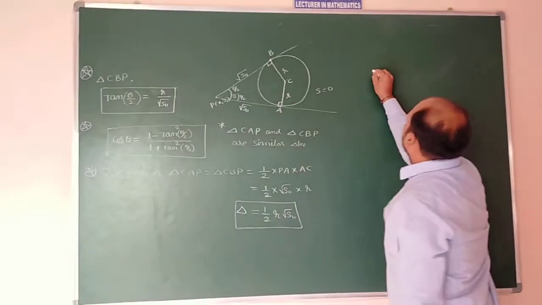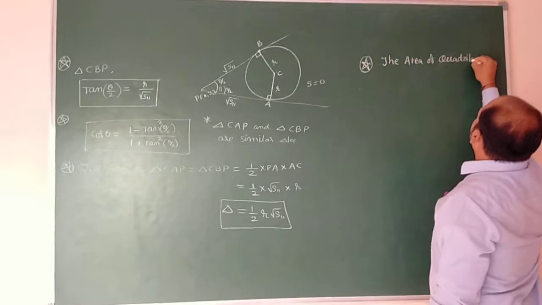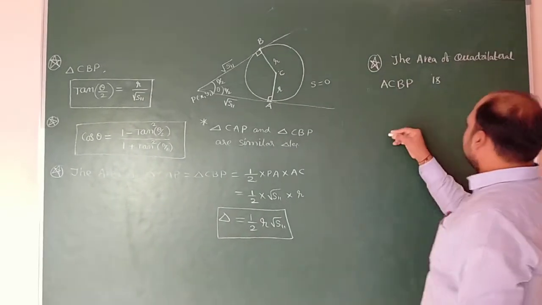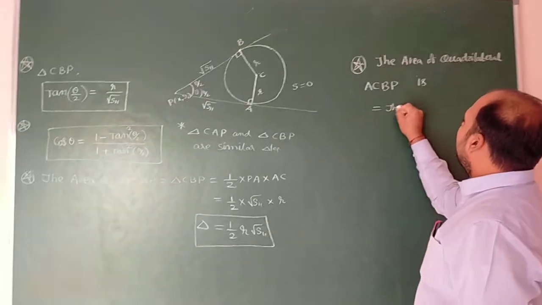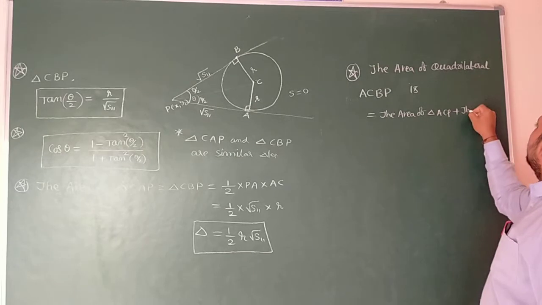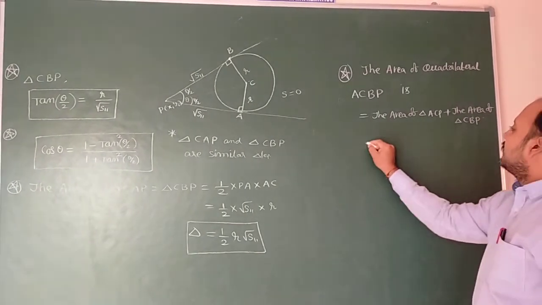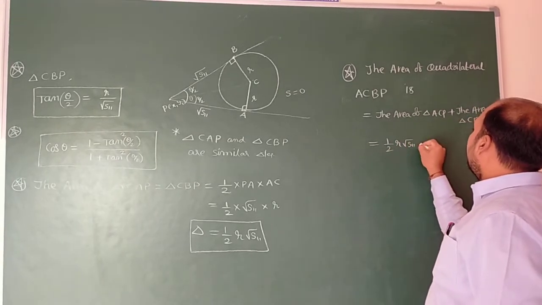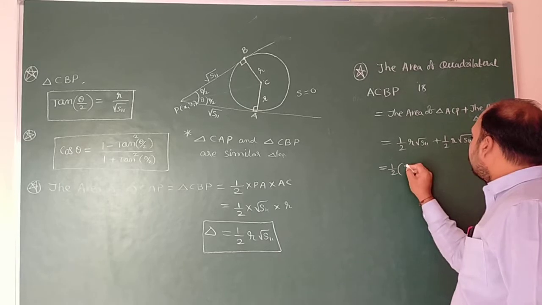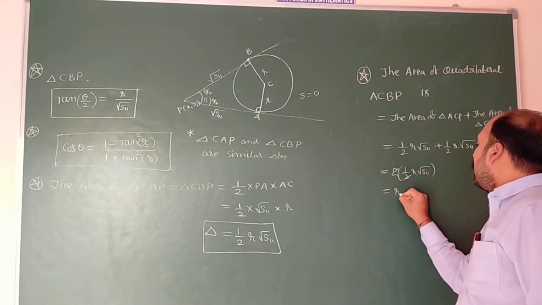Suppose the area of quadrilateral ACBP is the area of triangle ACP plus the area of triangle CBP, which is equal to half into r into root S11 plus half into r into root S11, which is equal to 2 times half into r into root S11, that is equal to r into root S11.